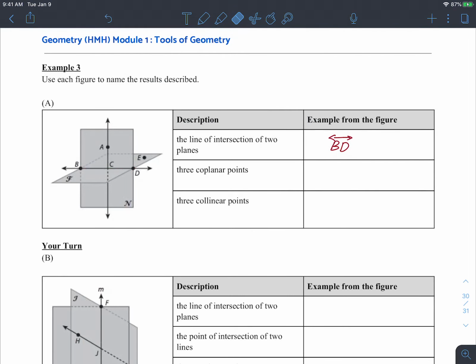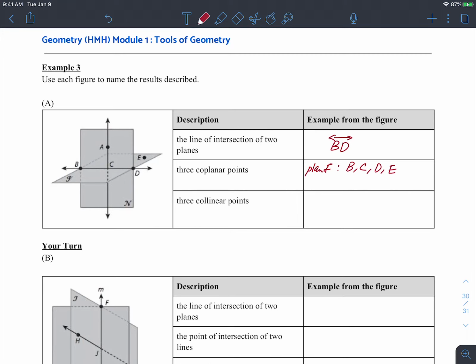All right. It's asking you for 3 coplanar points, meaning 3 points that are on the same plane. So in case of plane F, what are the points you see? On this plane, I see B, D, N, E, and C. So if you said any 3 of the 4, you'd be correct.